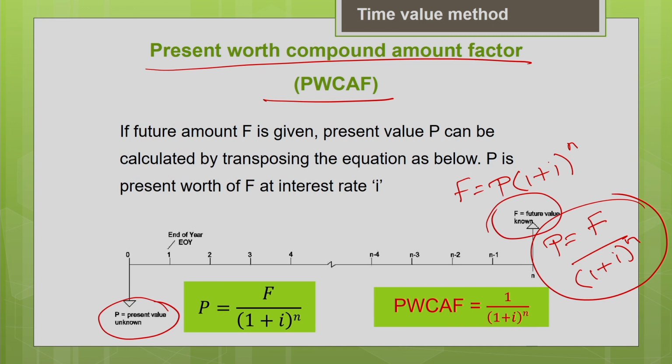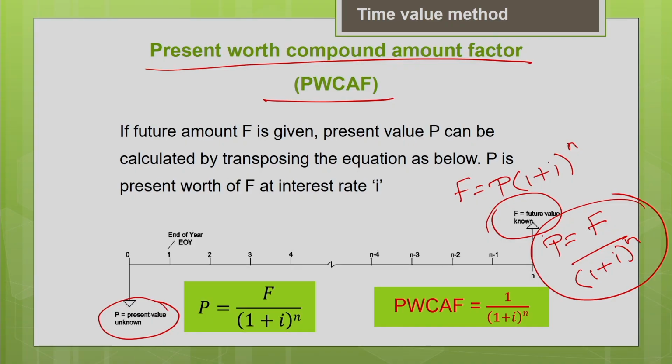Say for example, if I want 10 lakhs after 8 years at the compounding interest rate of 8%, how much should I deposit now in the bank so that it will grow to 10 lakhs at the end of 8 years at the rate of interest of 8%? I can calculate using this formula.